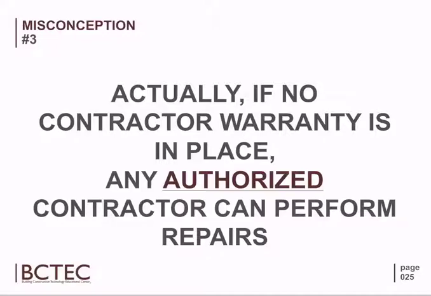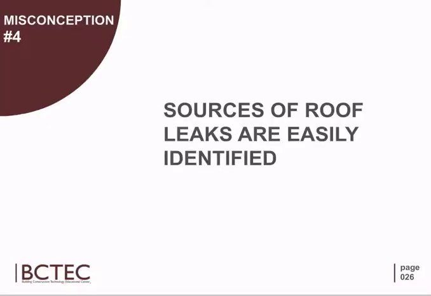At that point, the contractor's guarantee is no longer, and all you have in place is that manufacturer's warranty. So in order to maintain the manufacturer's warranty, you can use any authorized contractor through that specific manufacturer. And that's really, really big.